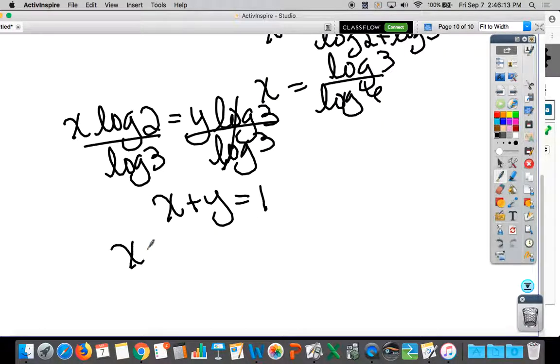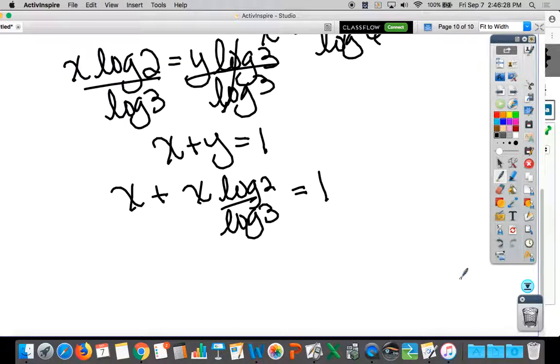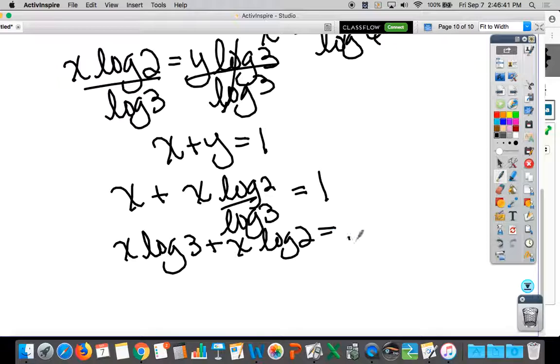What is my y? Equals, how do you always and forever get rid of a denominator, and you better get rid of it? Multiply. So if I multiply, that becomes x log 3 plus x log 2 equals log 3.